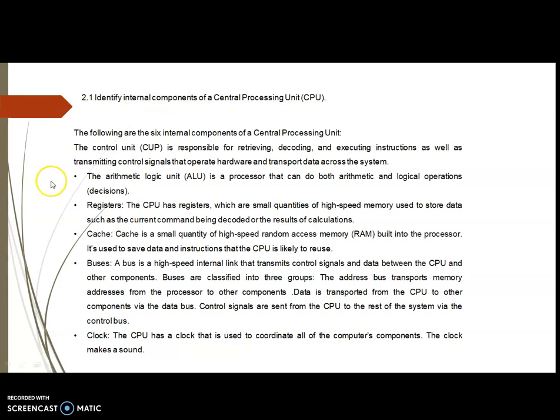2.1 Identify internal components of a central processing unit, CPU. The following are the 6 internal components of a central processing unit.